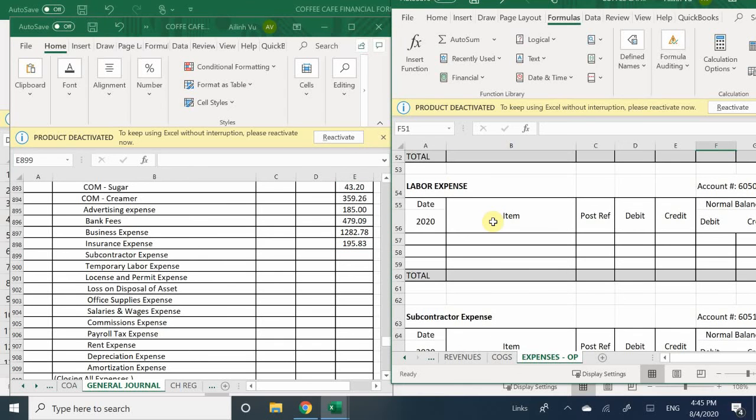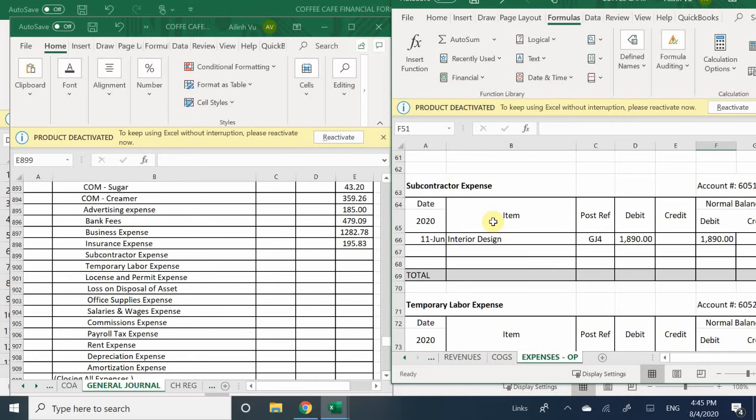All right, next is going to be labor expense. Now, labor expense is broken up into 2 categories, which I've already listed out for you. So we are going to go in each and every single individual account and clear it out that way. All right. So we're going to clear this out for 1890.